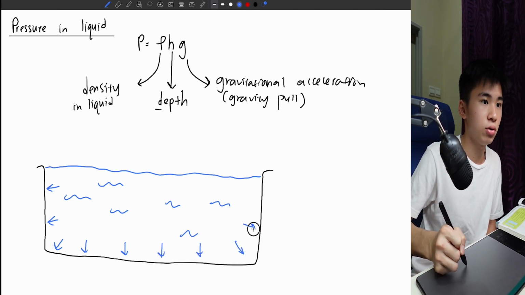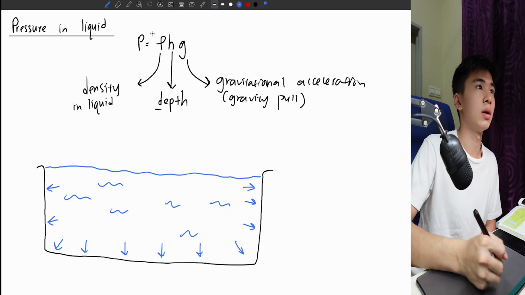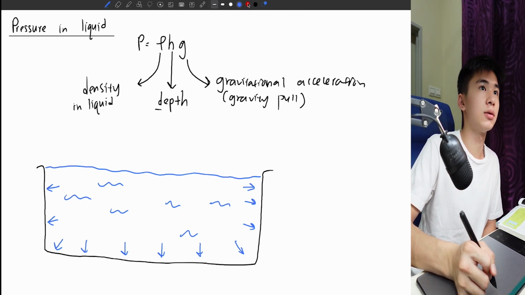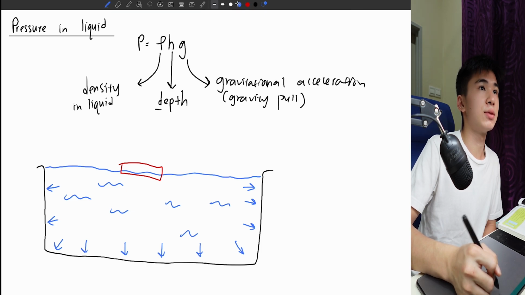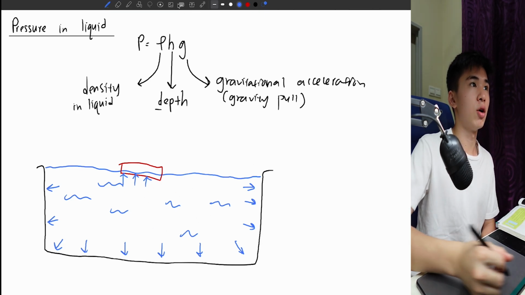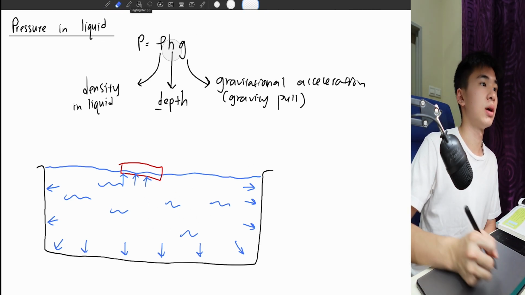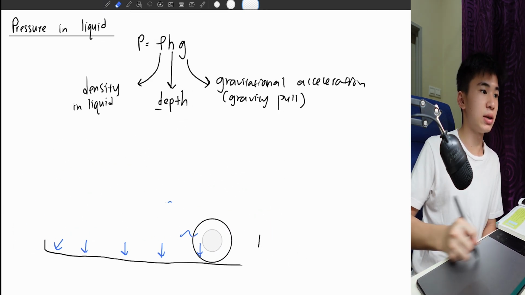If you put an object here, the pressure is going to push this object too. So pressure acts in all directions. Let me just erase this first.